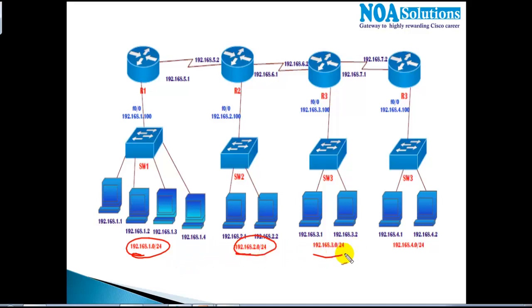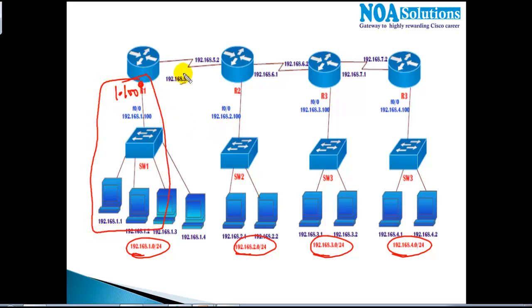So I'm using 2 dot here, 3 dot, 4 dot, and you cannot repeat the same network. And whatever IP address we assign on the router Ethernet interface must be on the same network we are using in the LAN. And the interfaces facing each other must be in the same network. And finally, all the interfaces of the router must be in different networks. So if you want proper routing to work, you need to ensure that you follow these rules.